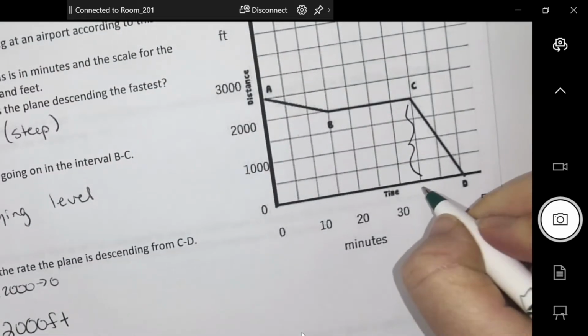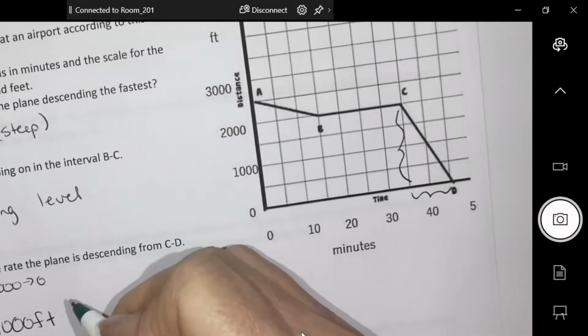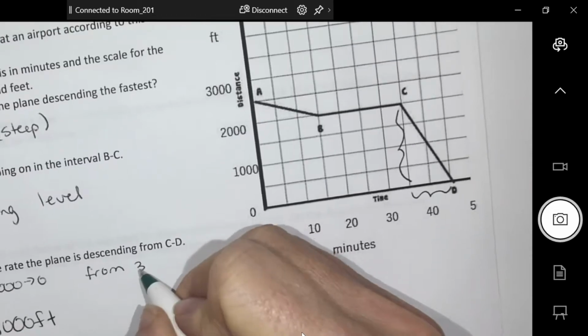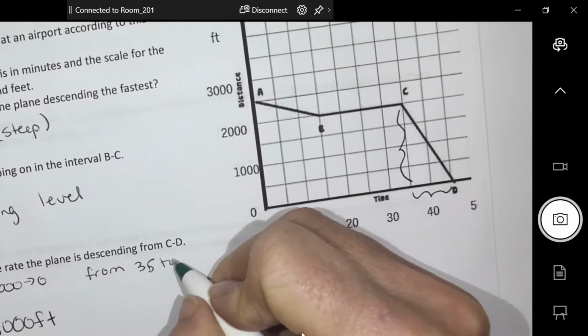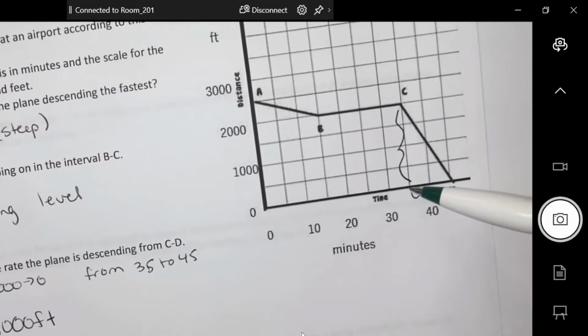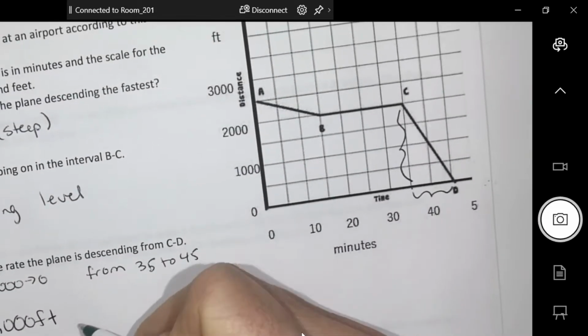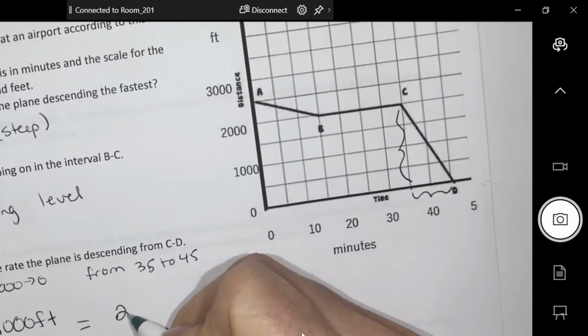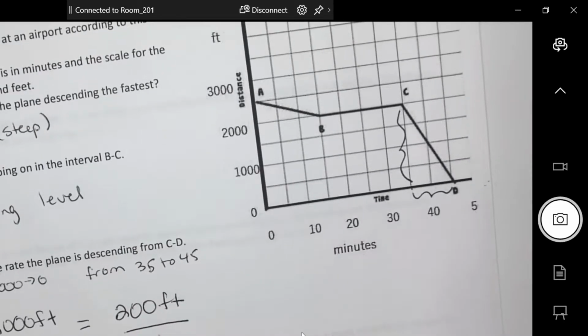How much time passed inside that zone of the graph? So we went from 35 to 45 on that section. Are we okay with that number? 35, and then D is at 45. So that means 10 minutes. So 200 feet per 1 minute.